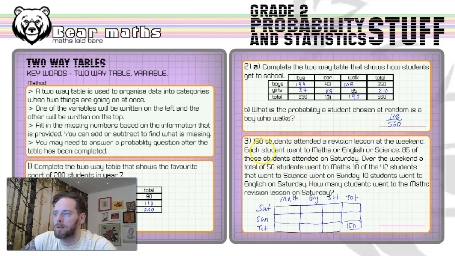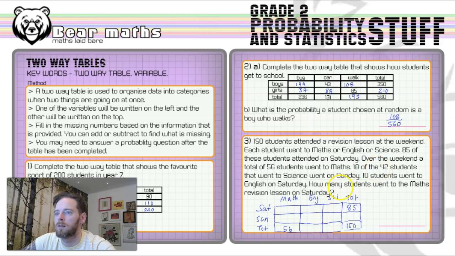Now we can put the numbers in the right places. Each student went to maths or English or science. 85 of these students attended on Saturday. So the total on Saturday was 85. Over the weekend, a total of 56 students went to maths. So total of 56 went to maths. 18 of the 42 students that went to science went on Sunday.